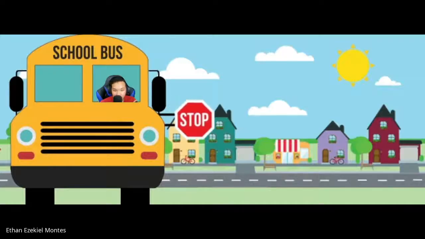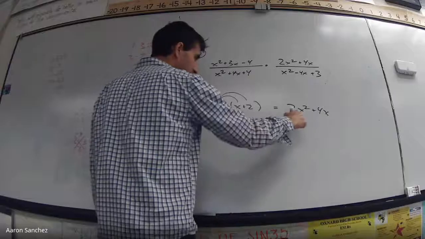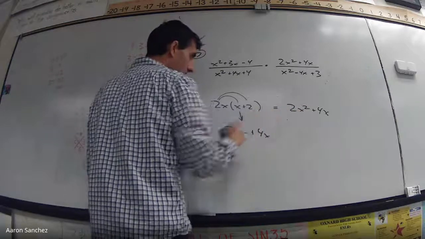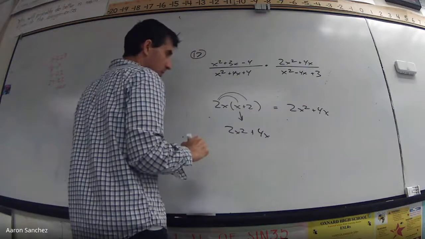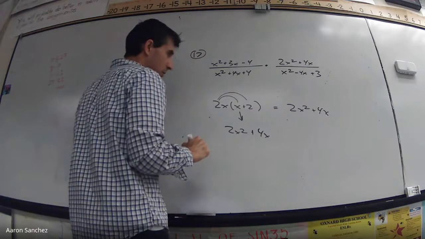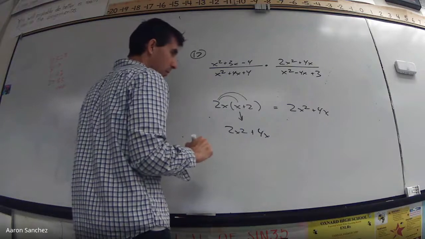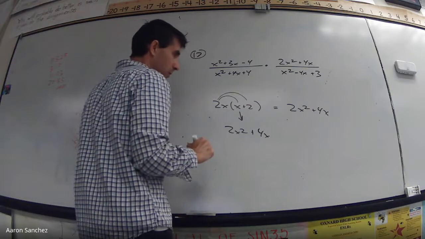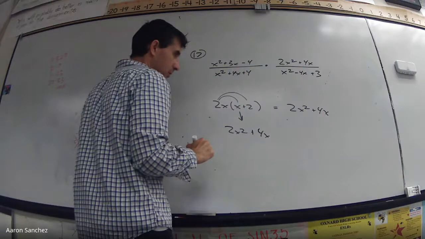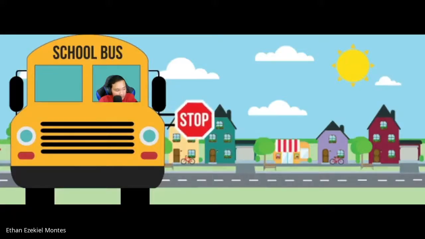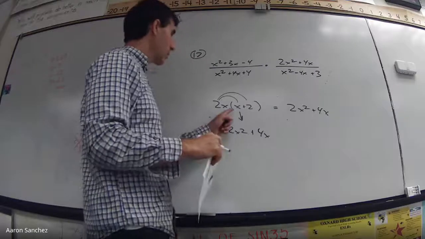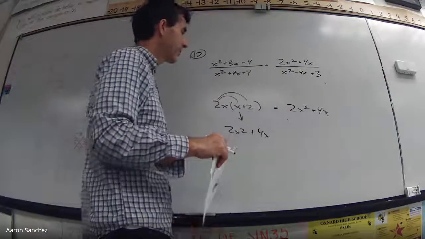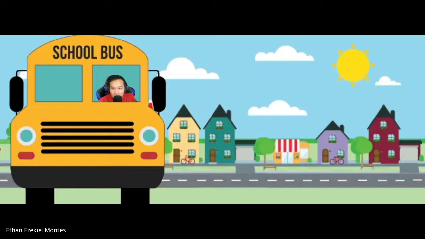Yeah. And that's that. So they're equal. Just tell me you understand they're equal. I need to know that you understand that this is equal to that. Oh, I understand.